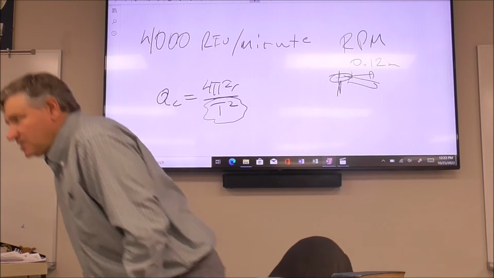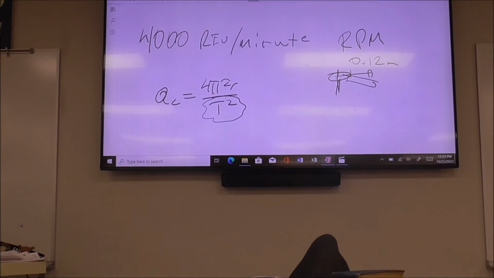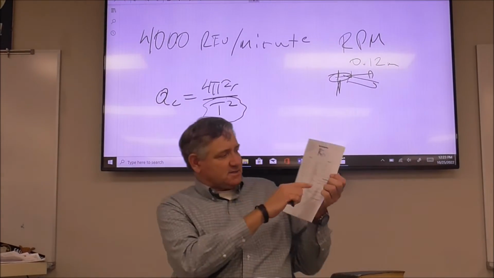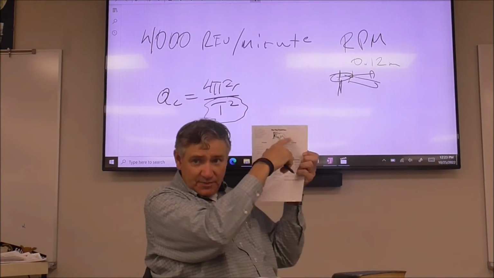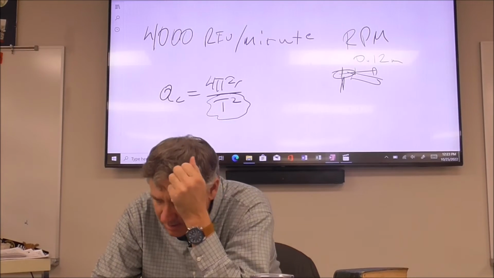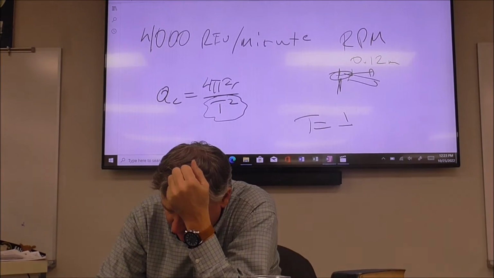Now, if you look on your equation sheet, over here on the right-hand side, underneath the rotational section, you have this little deal that says period equals 1 over f.